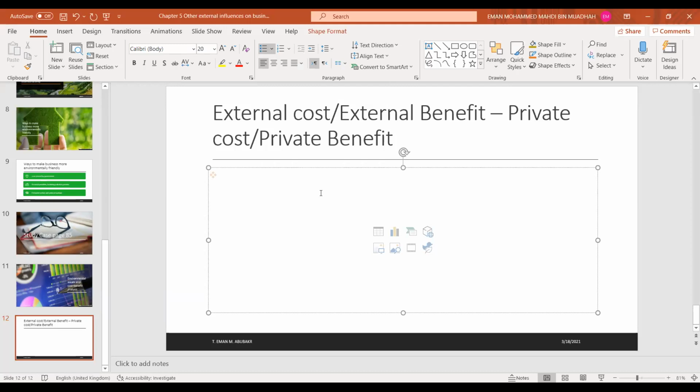So what is considered an external? What is considered private? It is the external benefit. So this is customers.